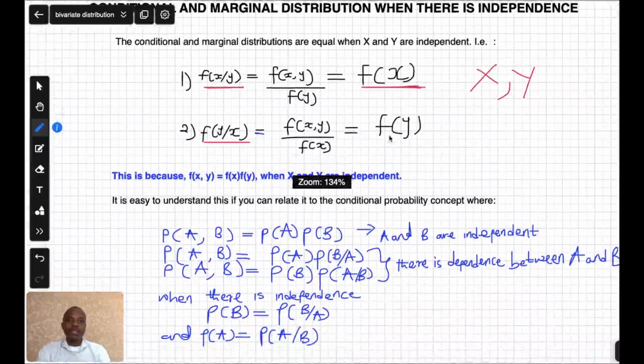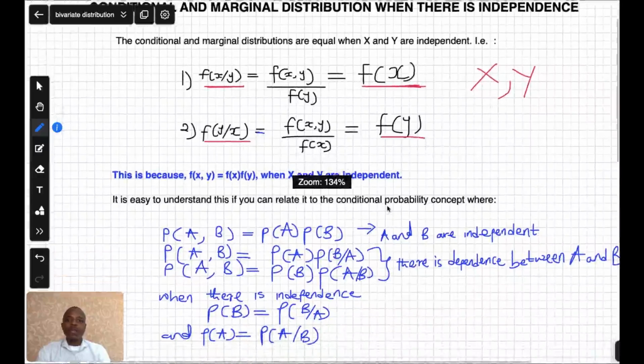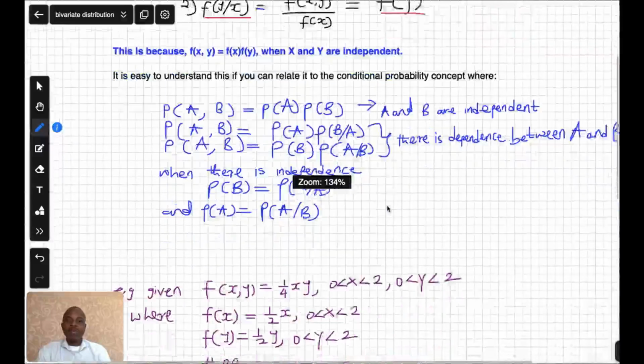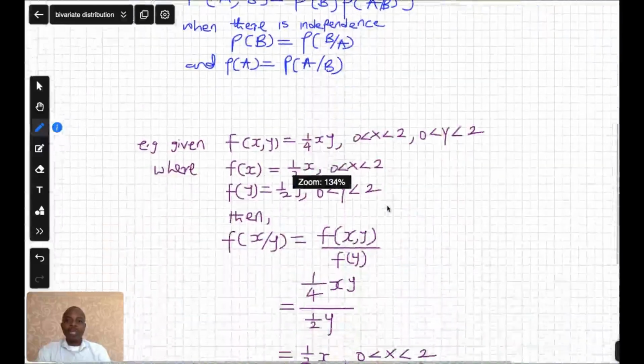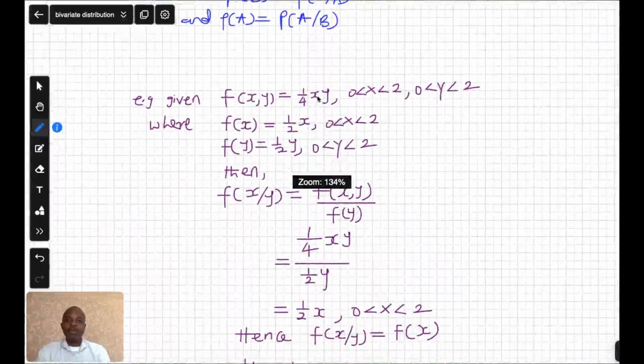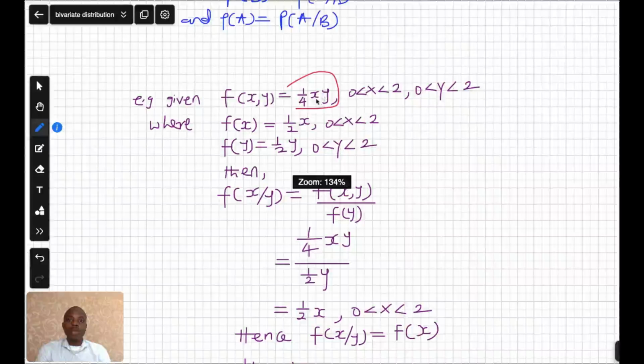Also conditional distribution equal to marginal distribution. Now, let's take an example on that. Given that f of x, y equal to 1 over 4 multiplied by xy, for the range x is between 0 and 2, y is between 0 and 2.